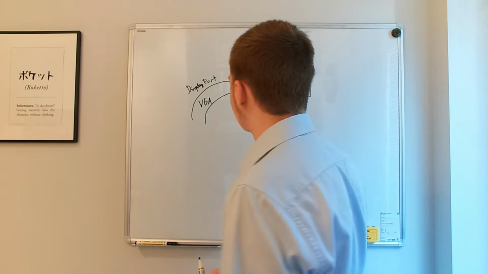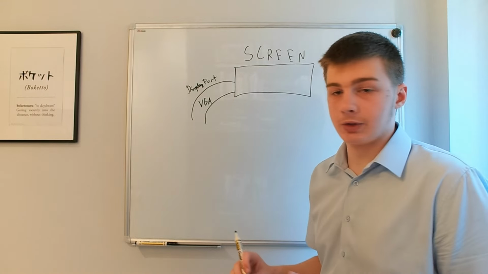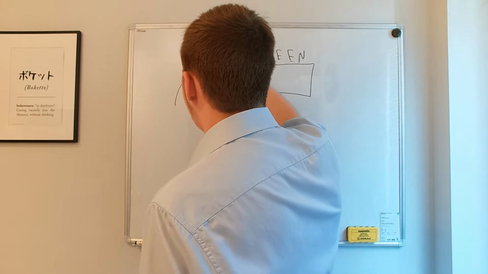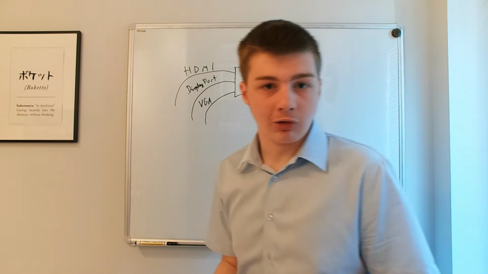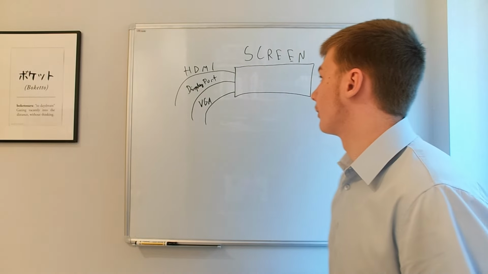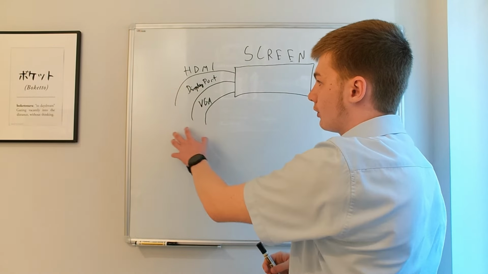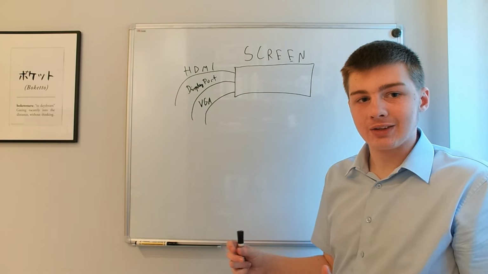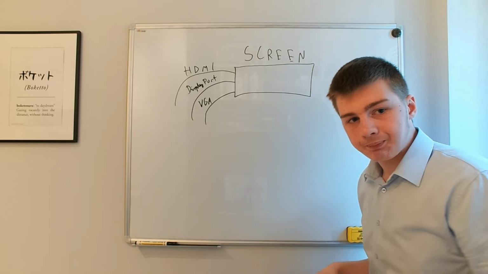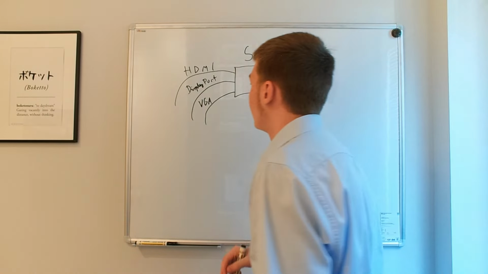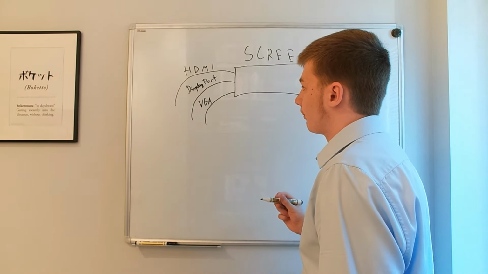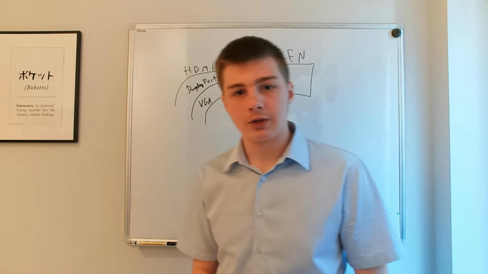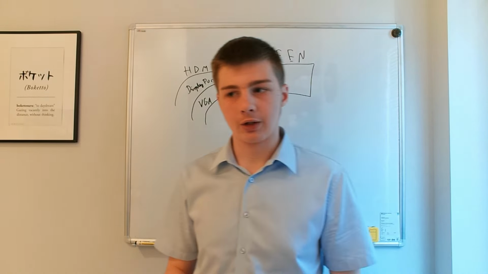And another interface that is ubiquitous nowadays, for example, would be HDMI, high definition. So you have a screen, it is connected through some cable, some way of sending video data to the screen. VGA sets a lot of those standards for different things.